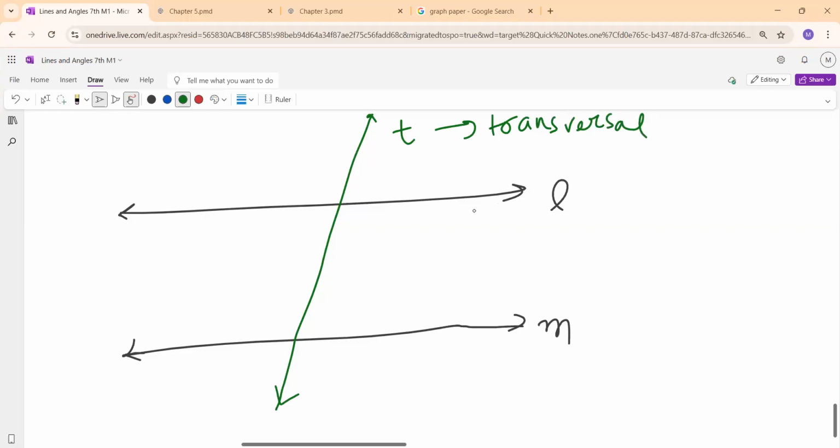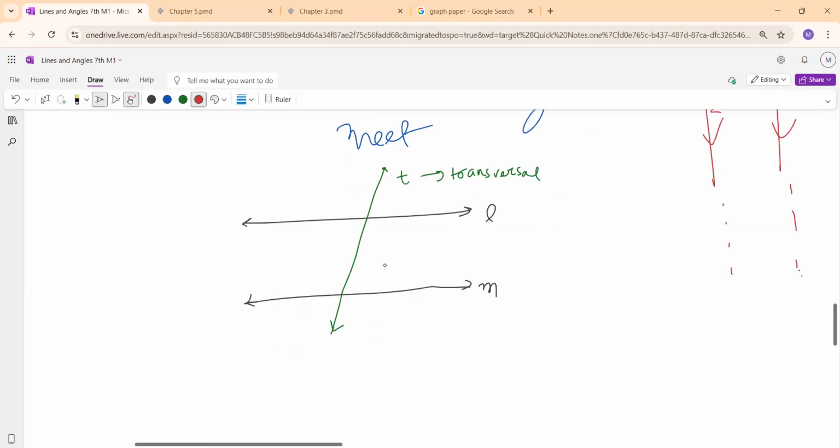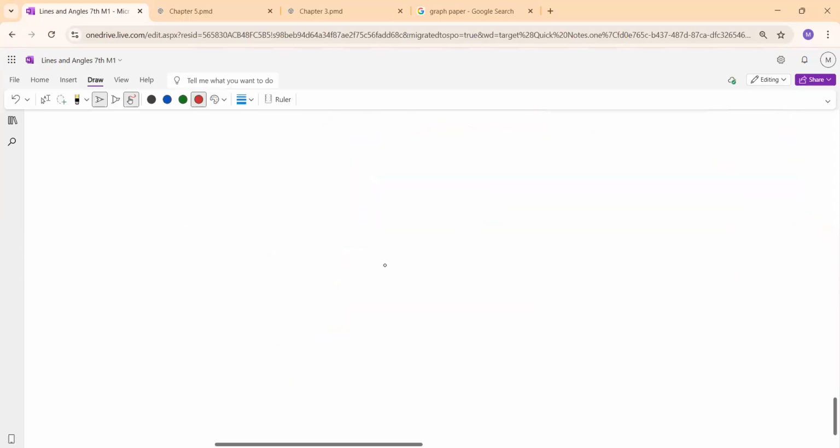So this transversal cuts a pair of parallel lines. Very simple. What is a transversal? The line which cuts a pair of parallel lines. Now there are some angles made by a transversal. The first type of angle that we will be discussing is a co-interior angle.